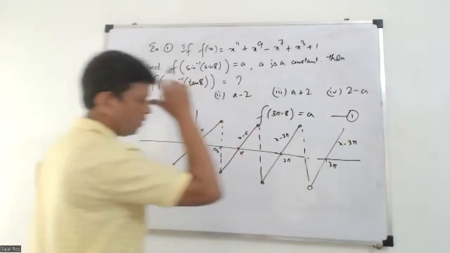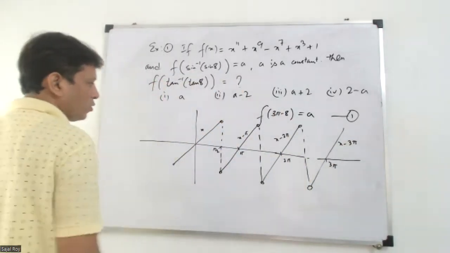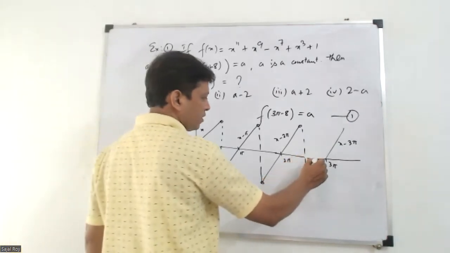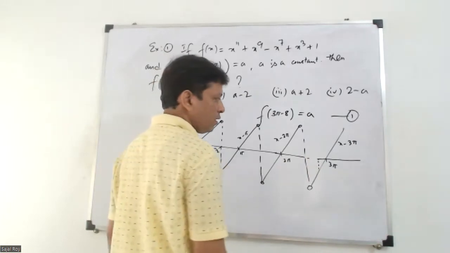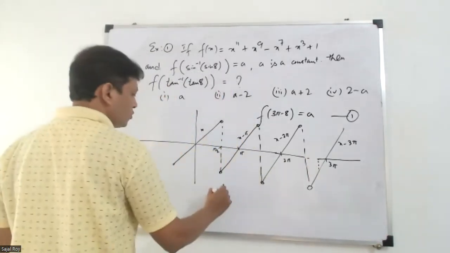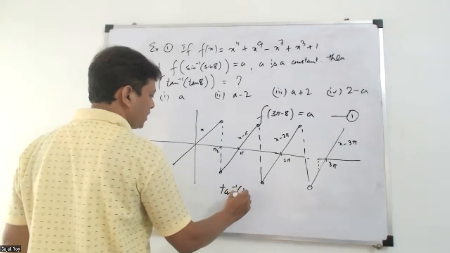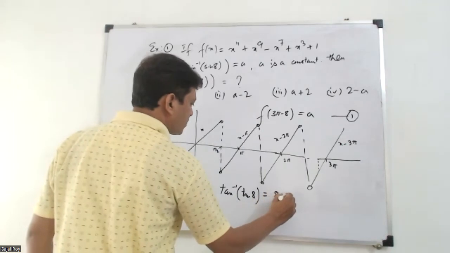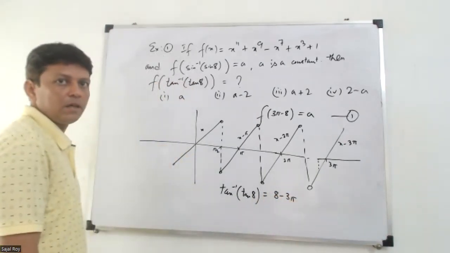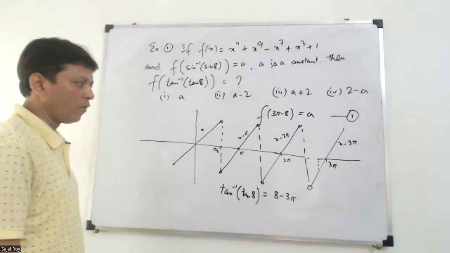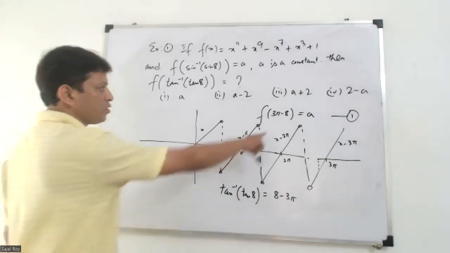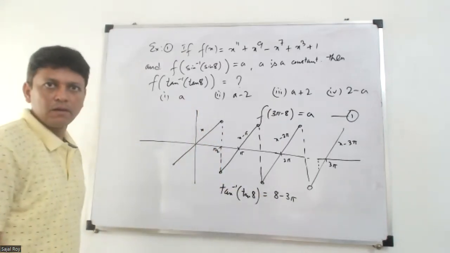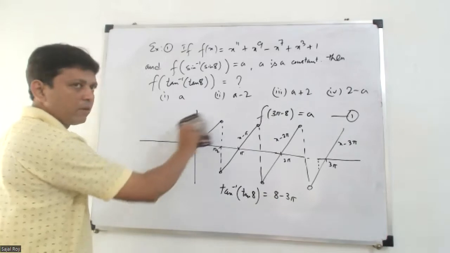Correct? Okay? And this side you have also. So 8 is between this, right? Okay? So tan inverse tan 8 is basically 8 minus 3 pi, correct? And this is your 3 pi minus 8. So substitute this. You have to find out this one. Let me draw the graph. Understood the graph?